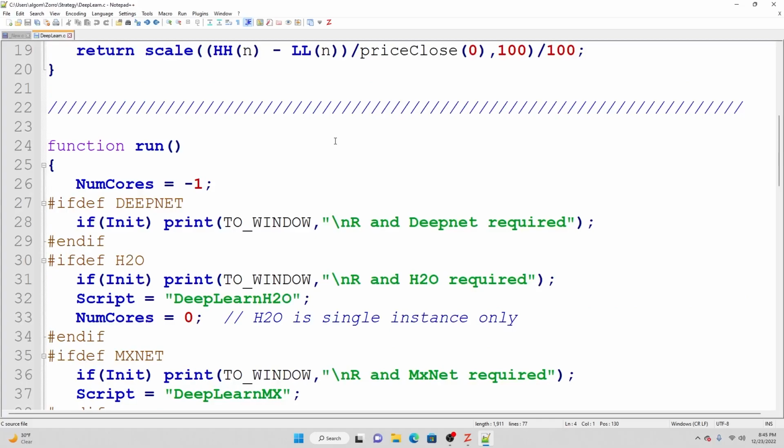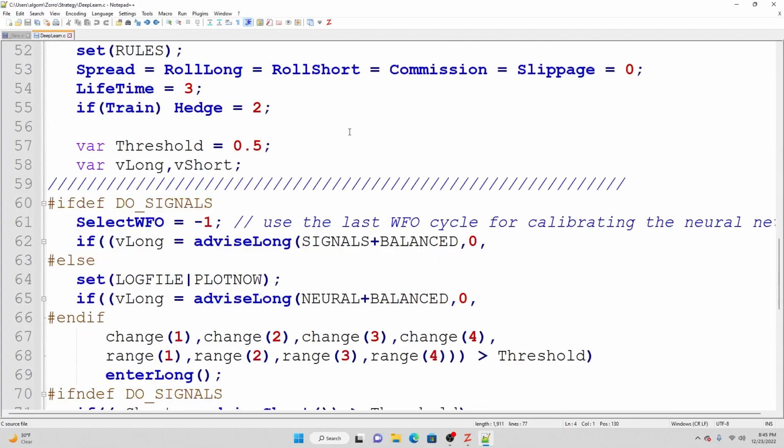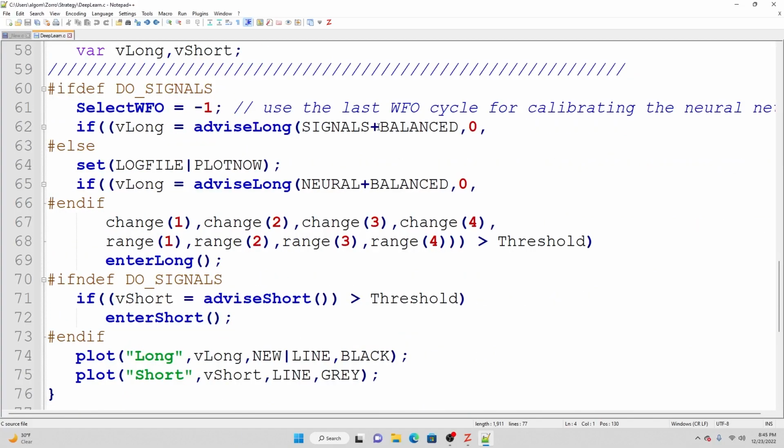Okay. And I mentioned those functions, advise long and advise short. I'm not gonna get into a lot of detail here. Please go to our website, algotrading.pro. I'm gonna have some blog posts there and some more detailed videos about how these work.